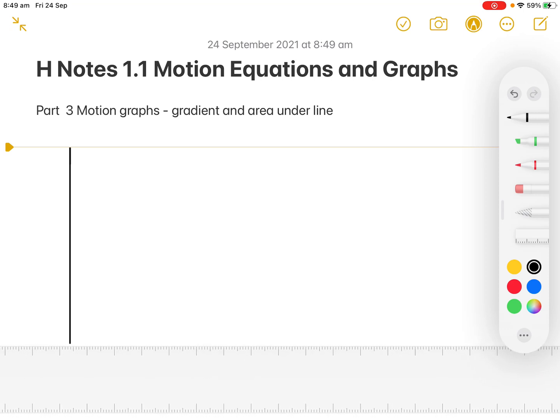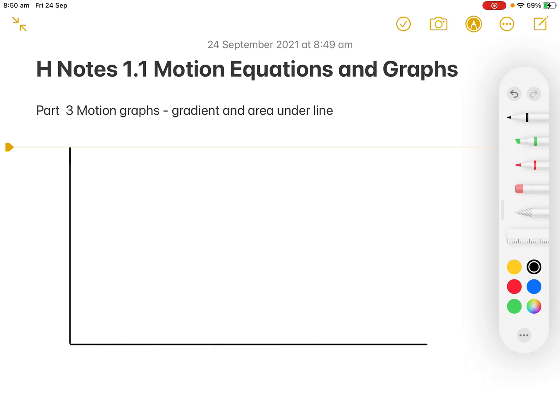Displacement on the y-axis, of course, and time on the x-axis.